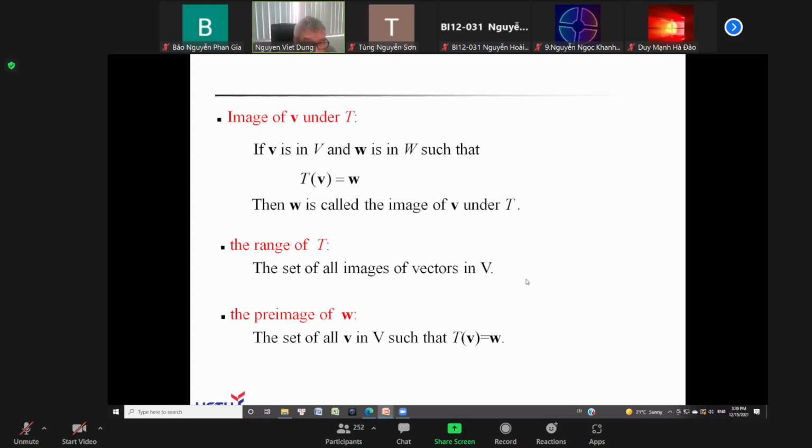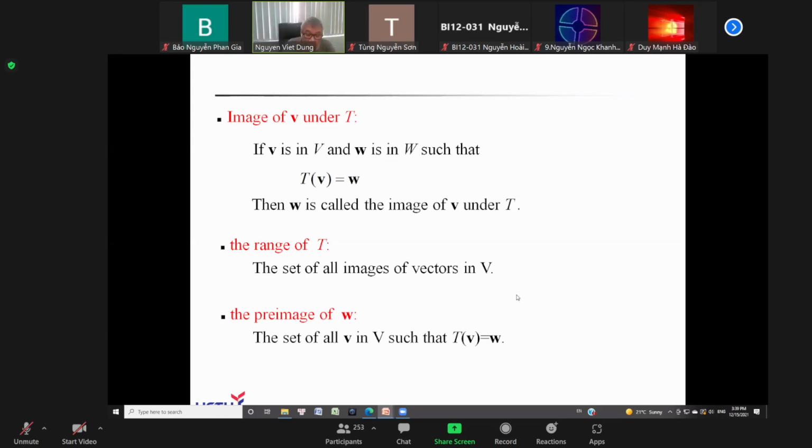And there is one more name, that is the pre-image of w. The set of vectors v inside V so that T of v equals w, then the set will be called the pre-image of w, the pre-image.